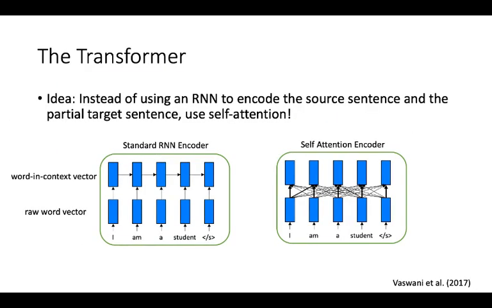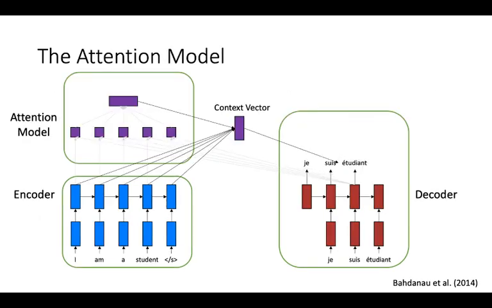And most recently, there's another popular model, the Transformer. It simplifies the recurrent architectures. For example, in the previous model, we used a recurrent neural network, which computes the representation one by one.